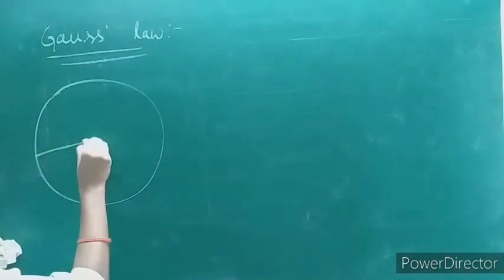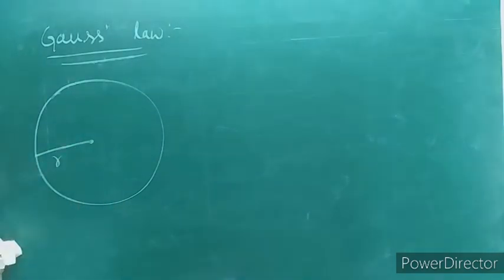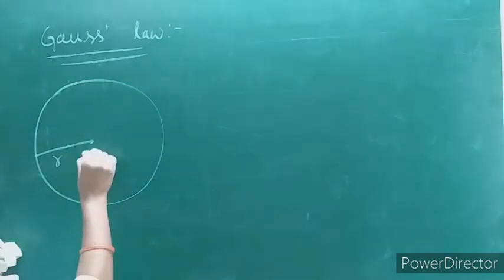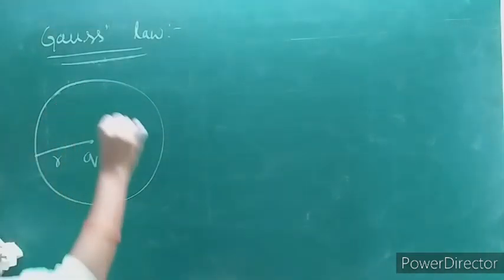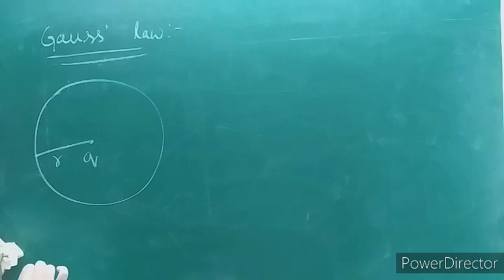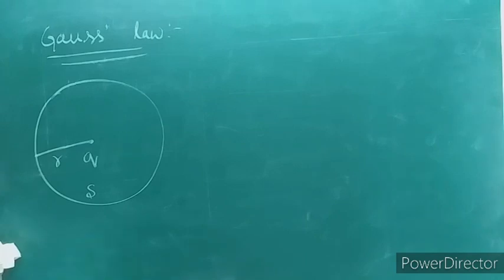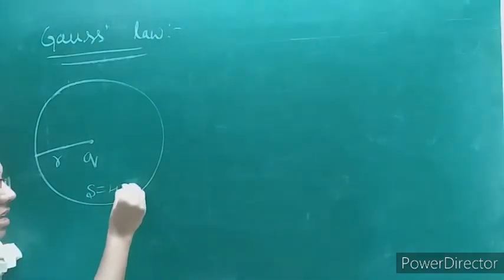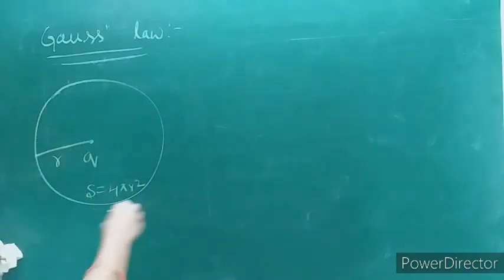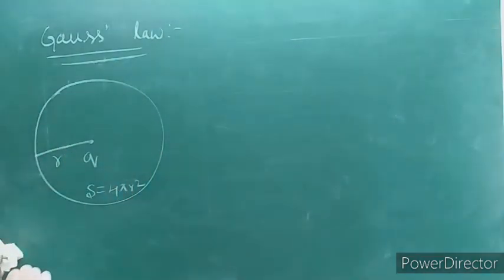The sphere encloses the net charge q, and the total area of the sphere is S. In the case of a sphere, the total area is 4 pi r square.